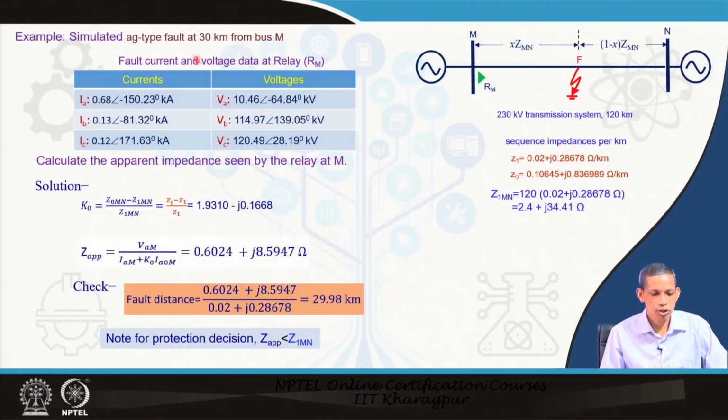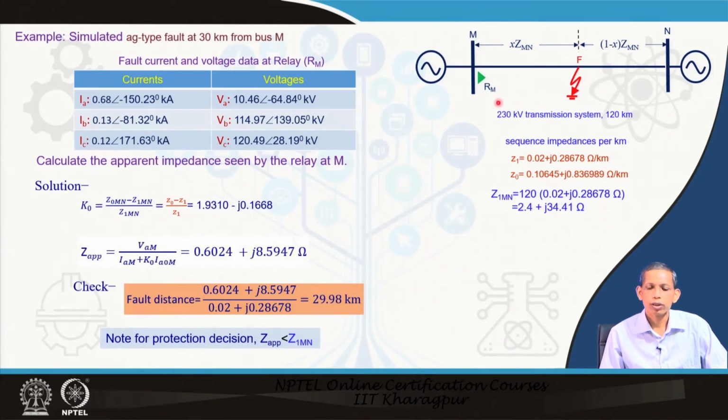Phase A to ground fault is simulated. So, IA is substantially high as compared to IB and IC, and VA is substantially down as compared to the B and C phases. So, the question is: calculate the apparent impedance seen by the relay at RM.